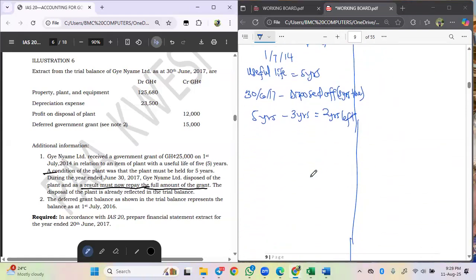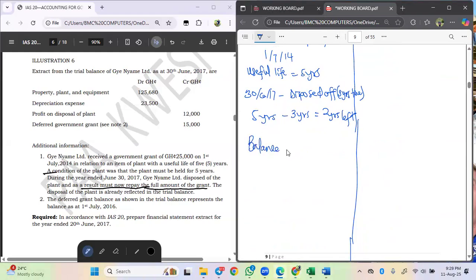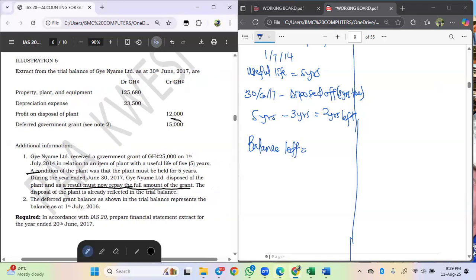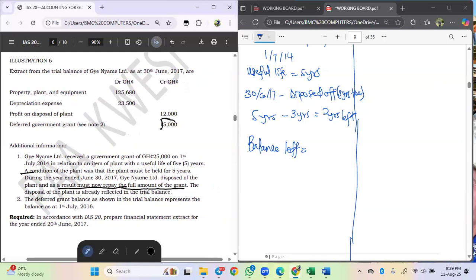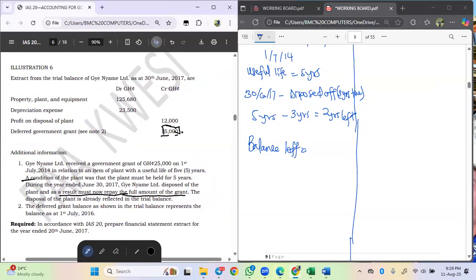Now, we are saying as at the third year, as at this 30th June 2017, the balance left per the trial balance is what? This one they've already calculated for us, so don't worry. It's 15,000.